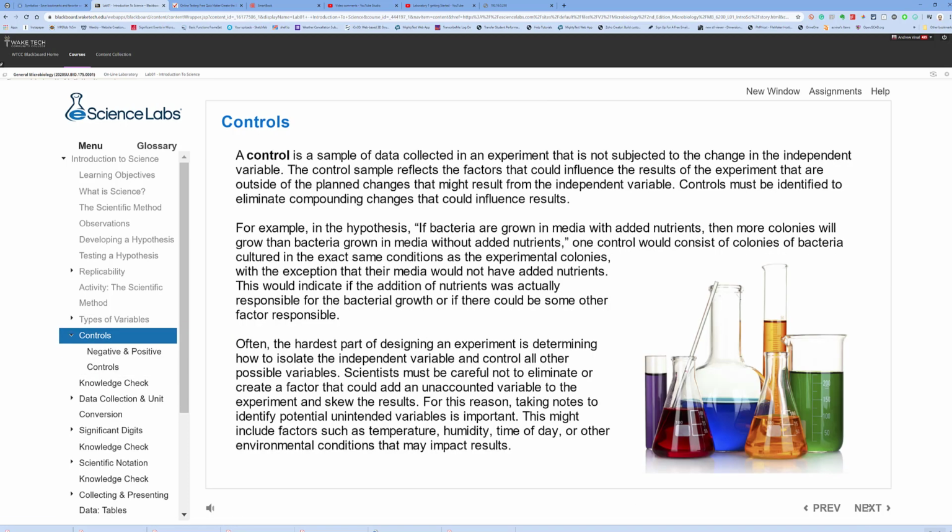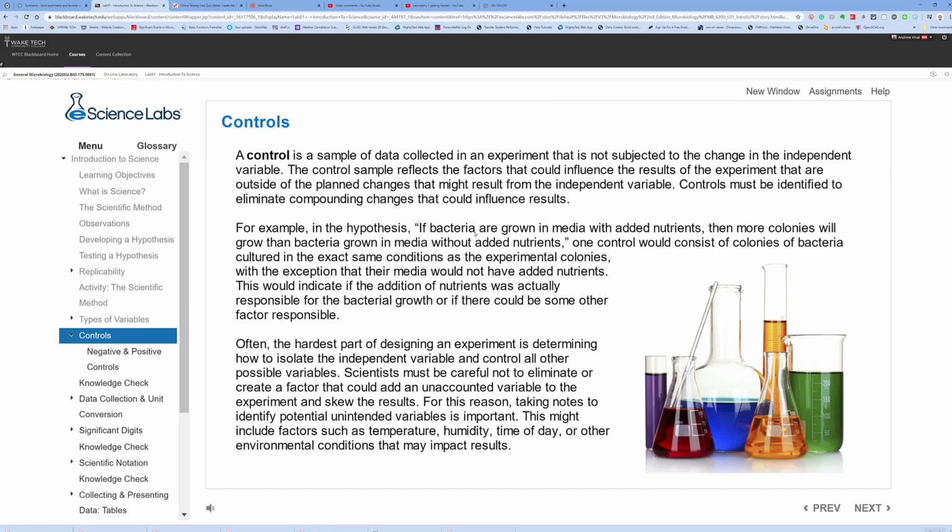So a control is a sample of data collected in an experiment that is not subjected to the change in the independent variable. In other words, we're not applying that independent variable. The control just sees if factors outside of the experiment may influence the experiment. And so controls must be identified to eliminate confounding changes. Controls are really important.